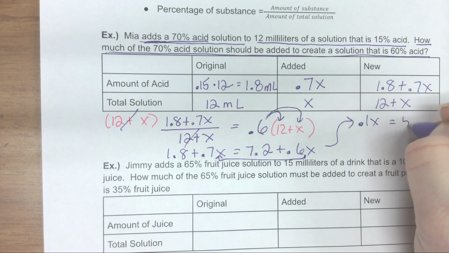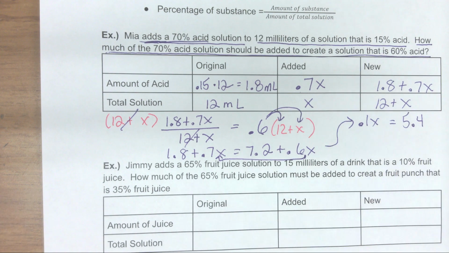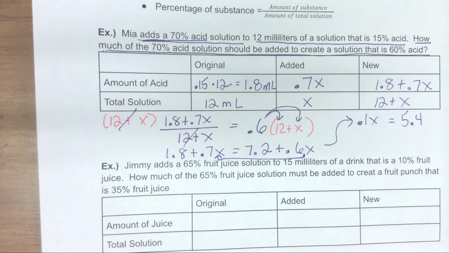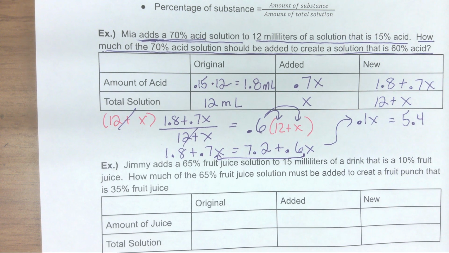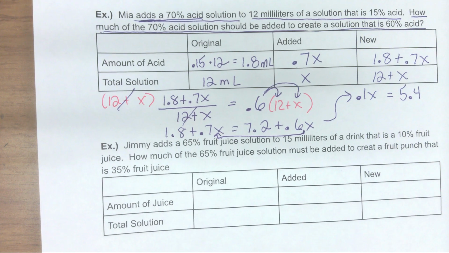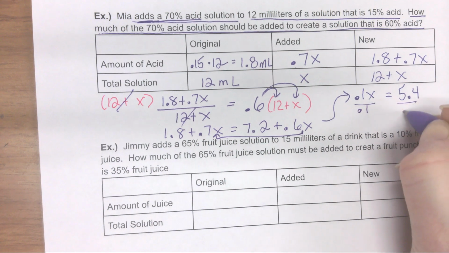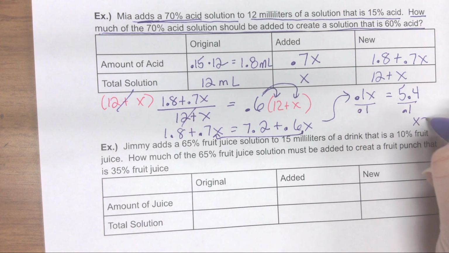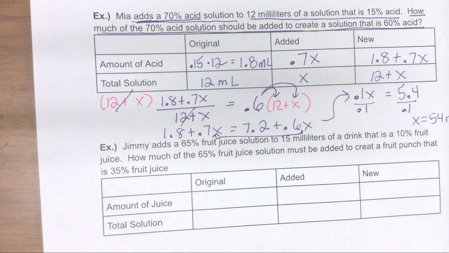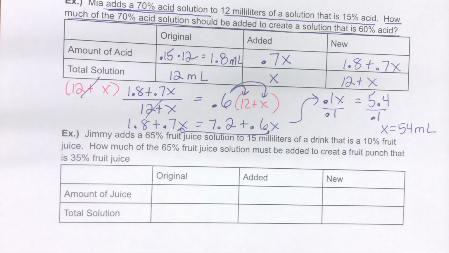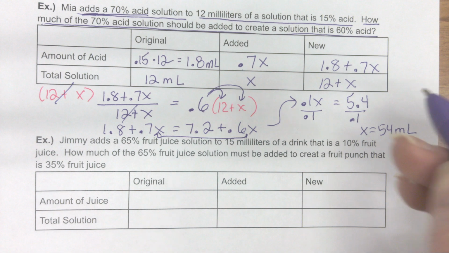Do you get 5.4? What now? Divide both sides by 0.1. X equals 54 milliliters. So how much of the 70% acid should be added? 54 milliliters would be the answer to that.